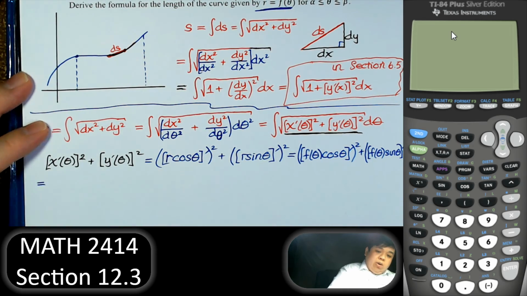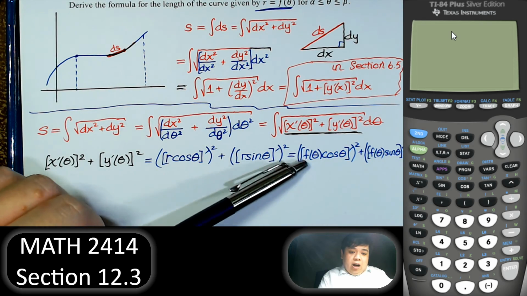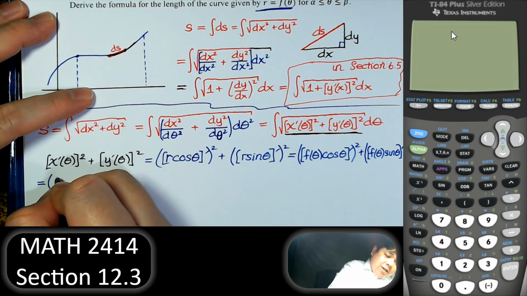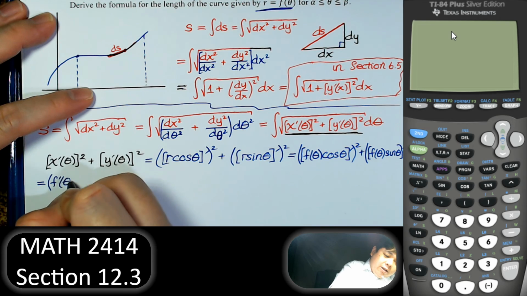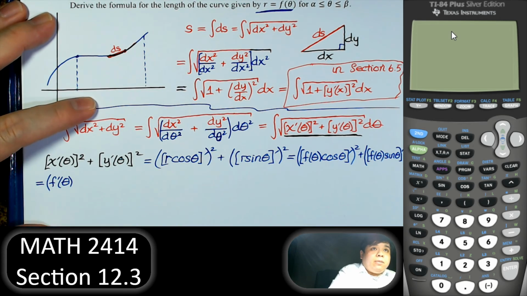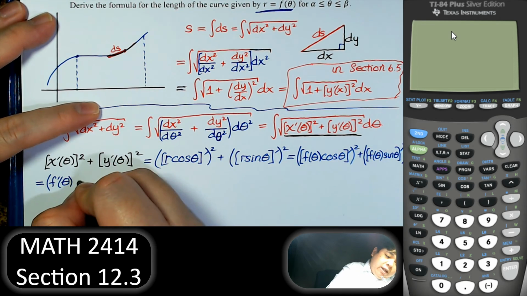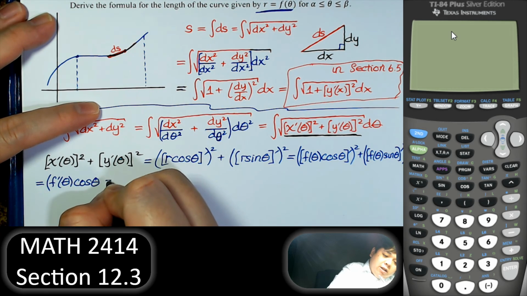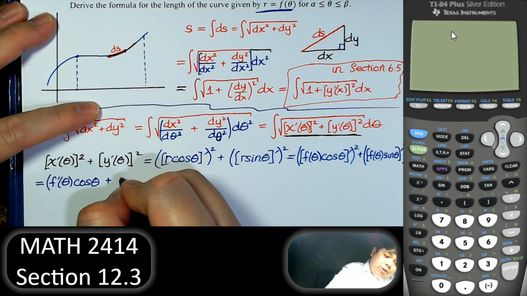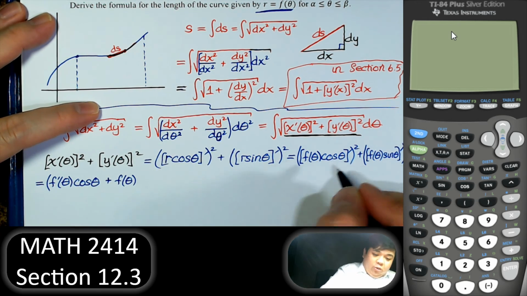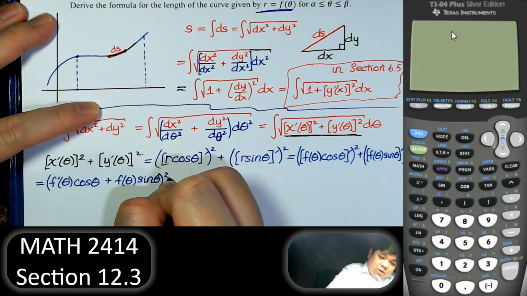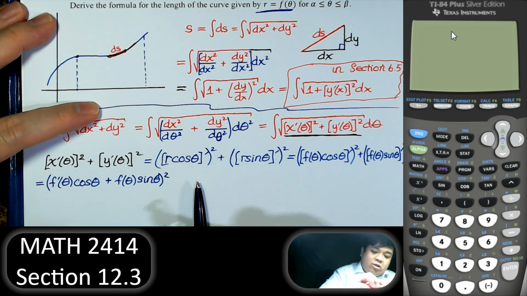To do that, we will have the product rule: derivative is u prime v plus u v prime. The derivative of cosine is negative sine. I don't have enough space here, so to conserve space I'll change this to minus.